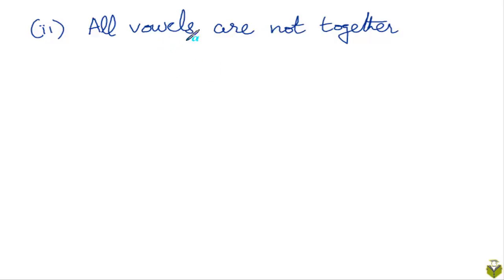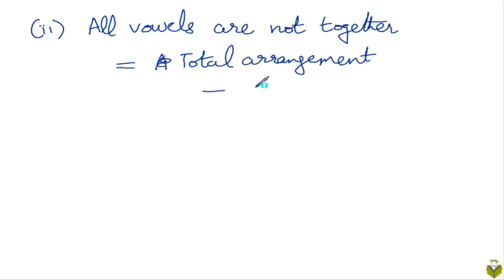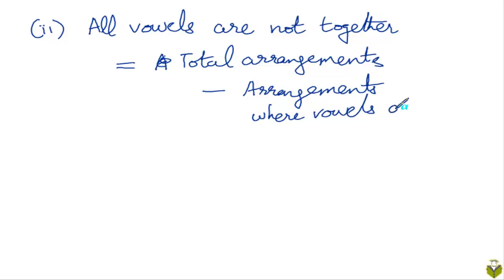Arrangements of all vowels not being together is equal to total arrangements minus arrangements, or permutations you can call it, where vowels are always together. I'm just assuming that you will come up with this on your own now, because I have covered examples like this many times.